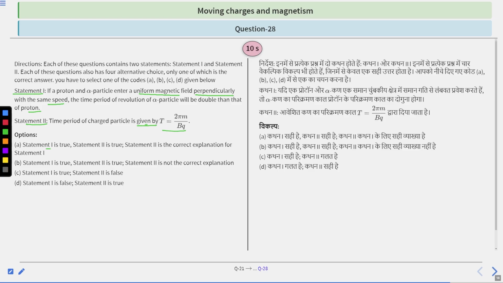Option A, statement first is true, statement second is true, statement second is the correct explanation for statement first. Option B, both true, statement second is not the correct explanation. Option C, statement first is true, statement second is false. And option D, statement first is false and statement second is true. You have 10 seconds to solve this question. After 10 seconds, we will provide the solution.